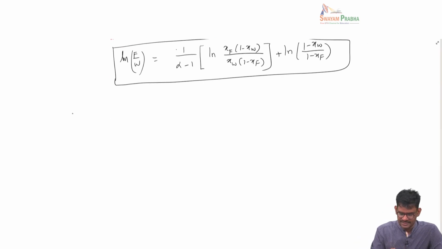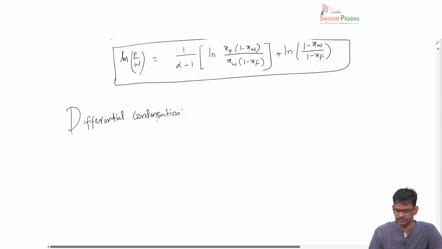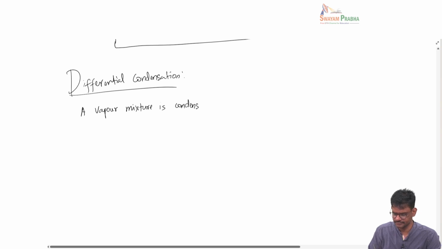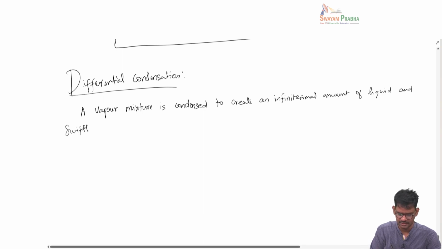You can do the same kind of operation in the reverse case also. So we call that partial or differential condensation. Here a vapor mixture is condensed to create an infinitesimal amount of liquid, which is swiftly removed.